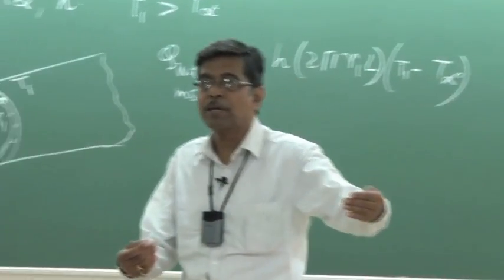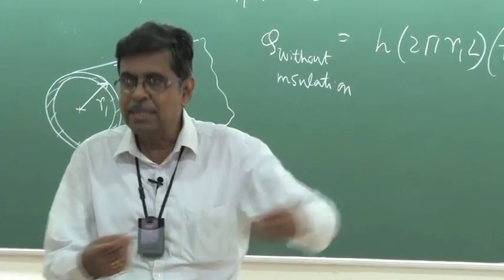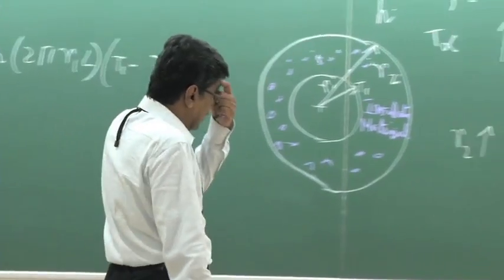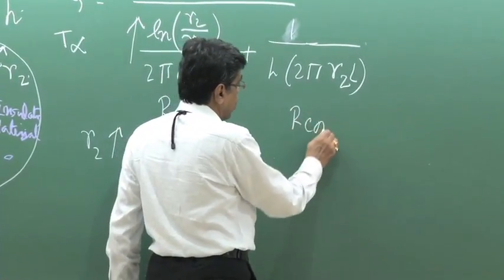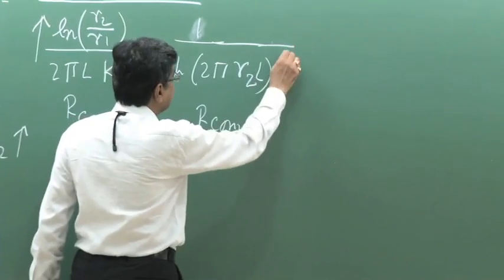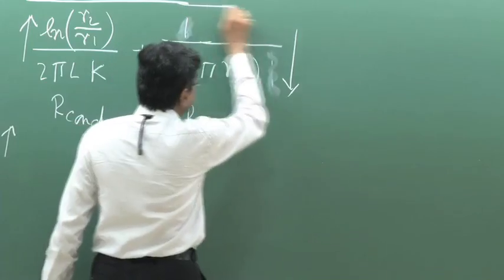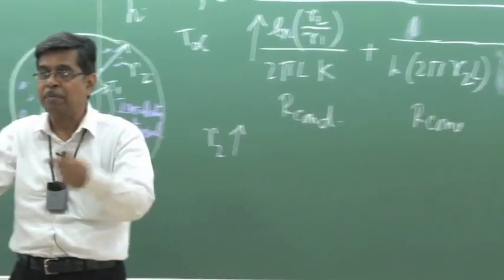So the more you increase the thickness, the length of the path, the more your conduction resistance increases. But what happens to the convection resistance? Convection resistance is decreased.